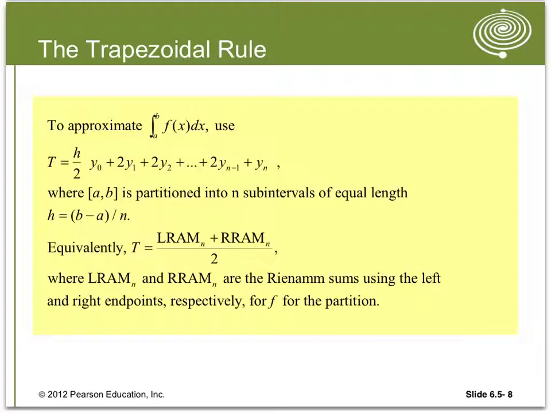What that really is doing is just taking the left-hand Riemann sum and the right-hand Riemann sum and averaging them together. So it's not quite the midpoint Riemann sum, but it's the left plus the right divided by 2. Interesting that that gives you the same answer. So the trapezoidal rule is the same thing as taking the left Riemann sum, the right Riemann sum, and dividing it by 2.